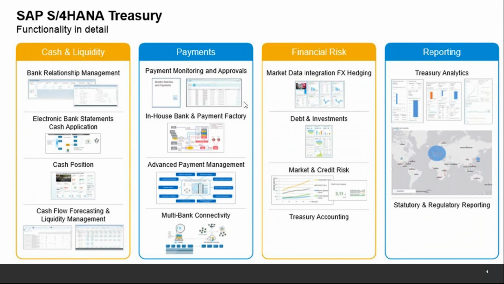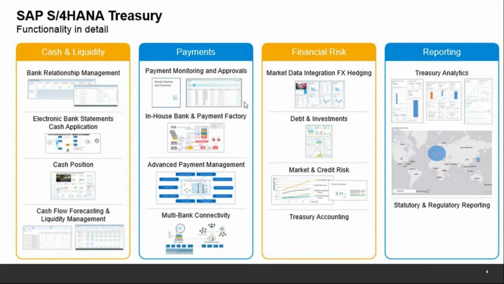Advanced payment management is a new SAP module that has just been launched in SAP S4HANA 1909. Again, this is not something we are going to cover, but I'll definitely walk you through an overview of the functionality of advanced payment management. And multi-bank connectivity, this is again a new thing launched in S4HANA 1809.